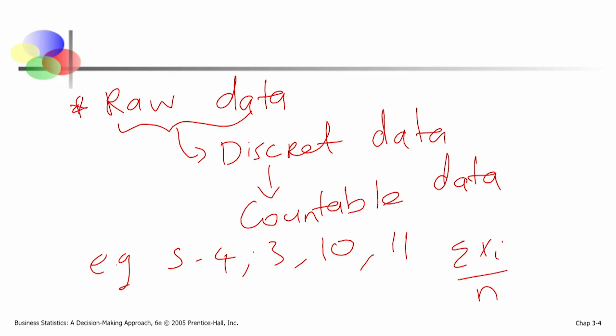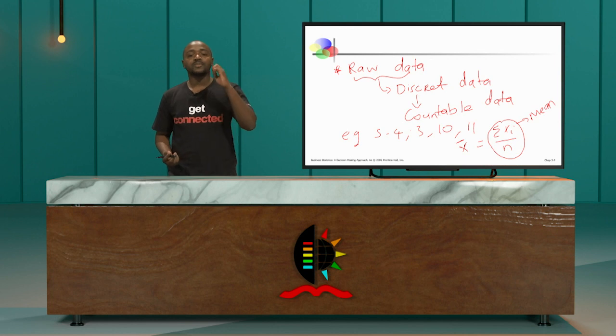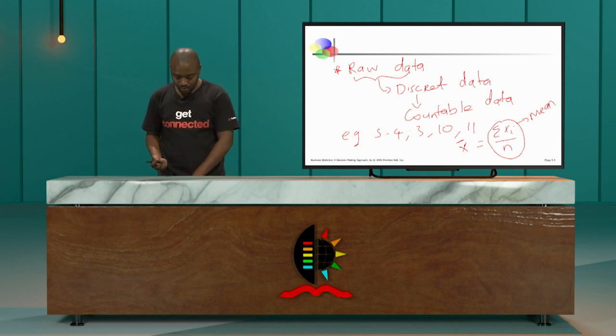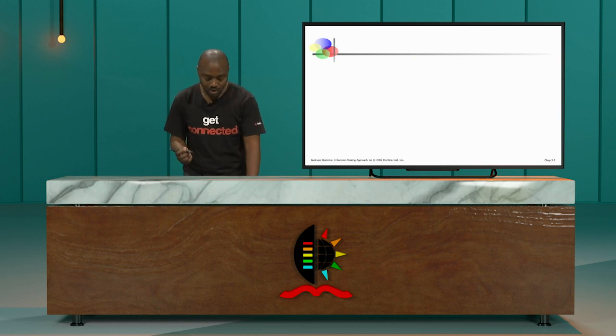Then this is the mean, which is x bar, right? You then also need to understand there is what is known as standard deviation. If you're being asked to find the standard deviation in raw data like this, there are formulas you use.